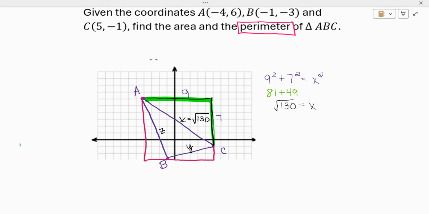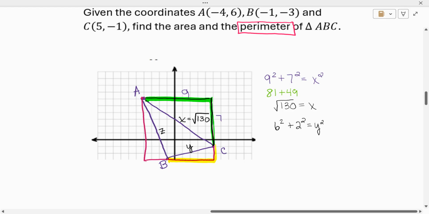What about y? Let's talk about our dimensions that we're going to put into Pythagorean theorem to find y. Here's one length. Here's the other length. So what are my units that I'm using to find y? 1, 2, 3, 4, 5, 6 by 2. So 6 squared plus 2 squared equals y squared.